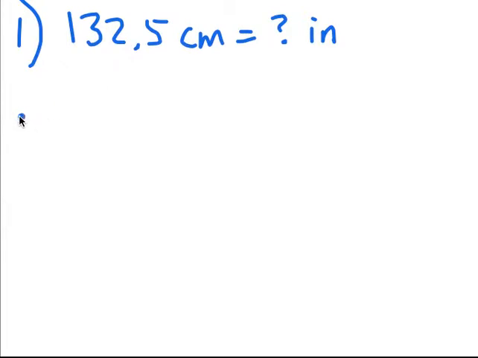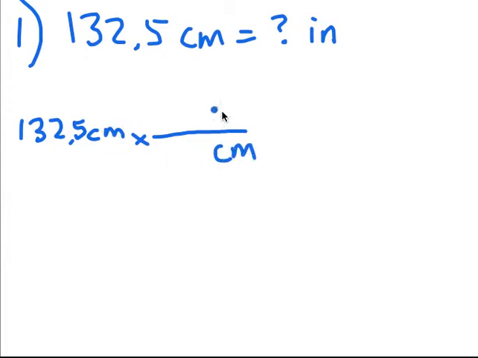So what we would do is start with the number that's given as usual, 132.5, and we would write centimeters behind it, and then I would draw a conversion factor. As we've been doing in class, whichever unit is right here needs to go on the bottom because we want it to cancel out. We don't want centimeters, we want inches.